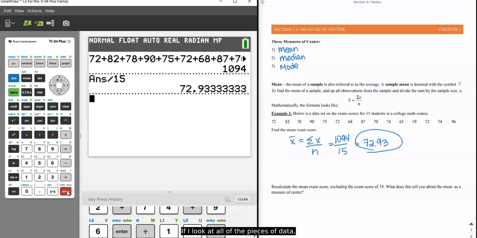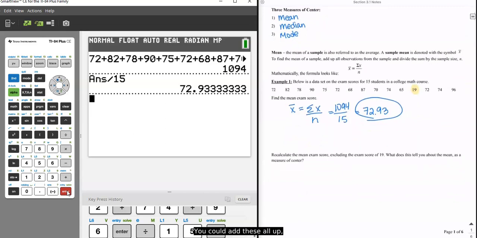If I look at all of the pieces of data, you may notice that there's one score that's fairly low compared to all the other ones, and that one's the 19. We're going to talk about what this 19 does to the mean. The second part says recalculate the mean score excluding the exam score of 19. What does this tell you about the mean as a measure of center?